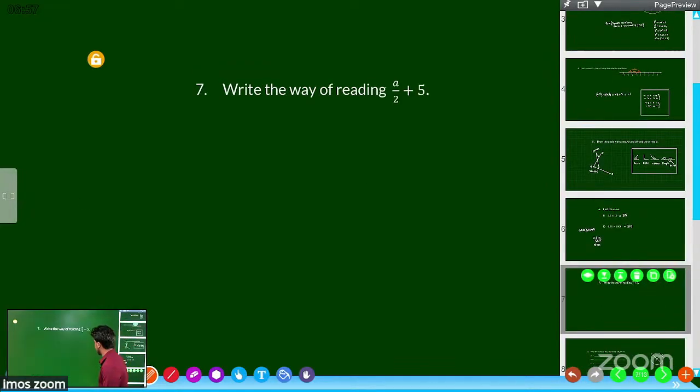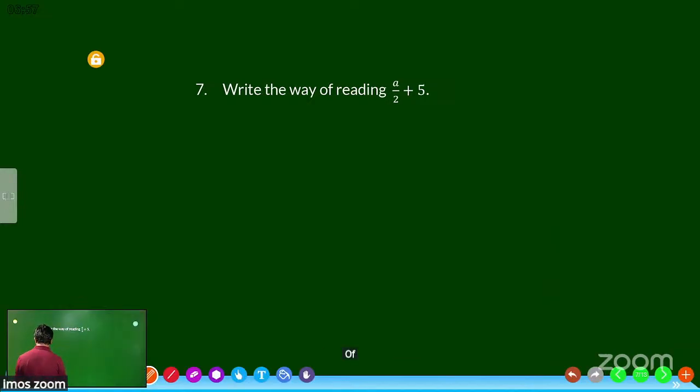Write the way of reading a over 2 plus 5. A over 2 plus 5.